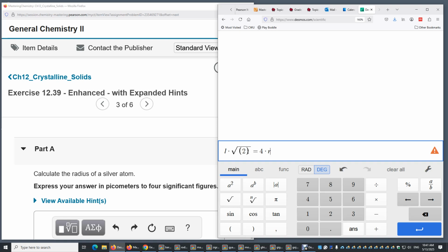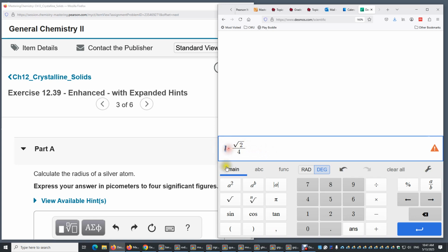So if we know the edge length, we'll compute R easily, because you can see R is equal to the edge length times the square root of 2, divided by 4. This would be the atomic radius.